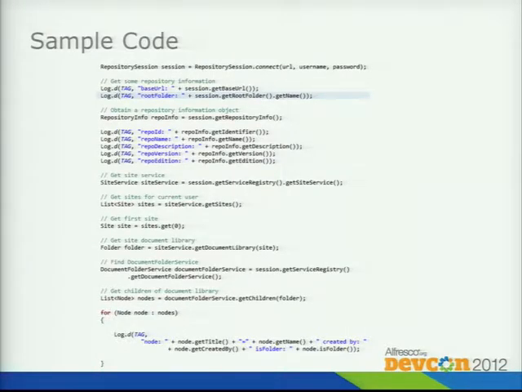With this site service, we request all the sites, retrieve one specific site, get the document library of the site, and retrieve all nodes, all documents, all folders of this object. So if you look at this, it's really a mix between OpenCMIS and Alfresco philosophy.